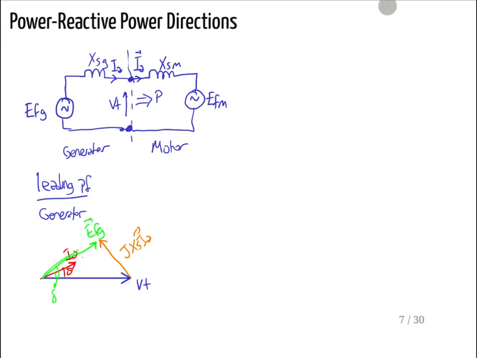So in this case, let me draw the motor then. Same VT, same IA. But now the direction changes, so you will end up somewhere here.